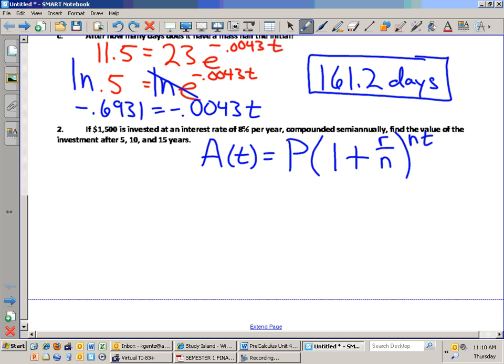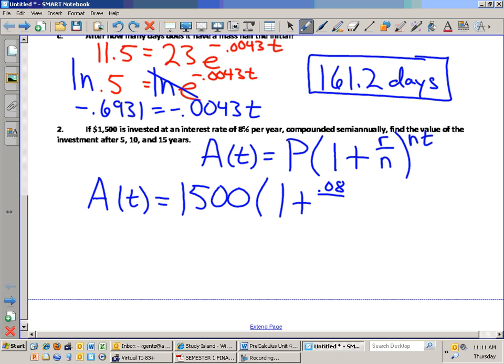Now I'm going to write an expression for that. I'm not going to plug in the 5, the 10, and the 15 yet. So my amount in terms of time is equal to, what's the principal? What's the initial investment? 1,500 times, parentheses, 1 plus, what is my rate? 0.08 over how many times is it compounded during the year?